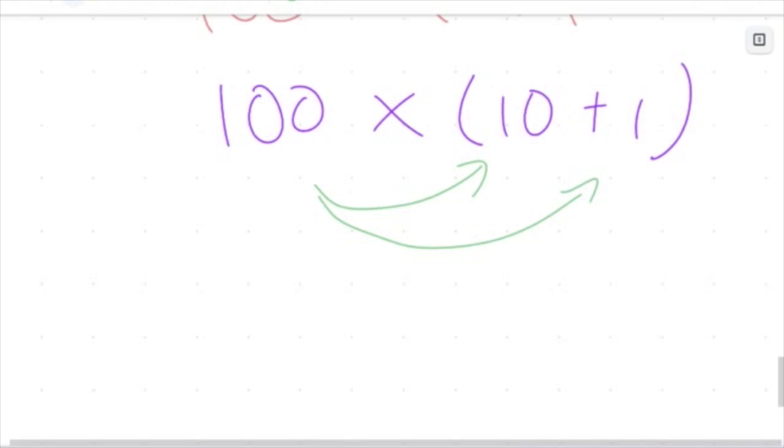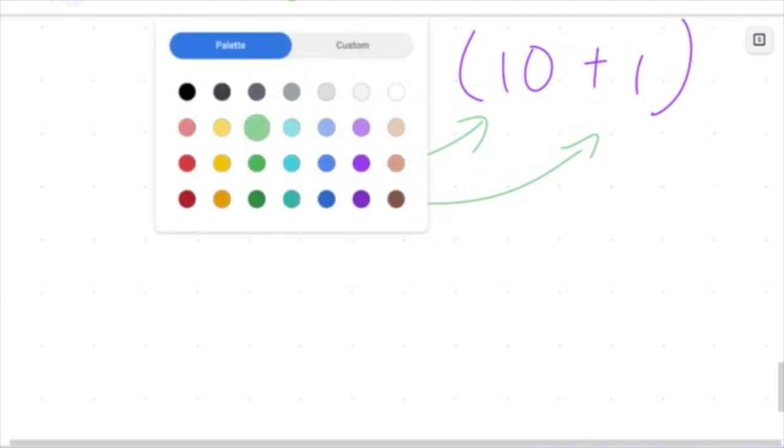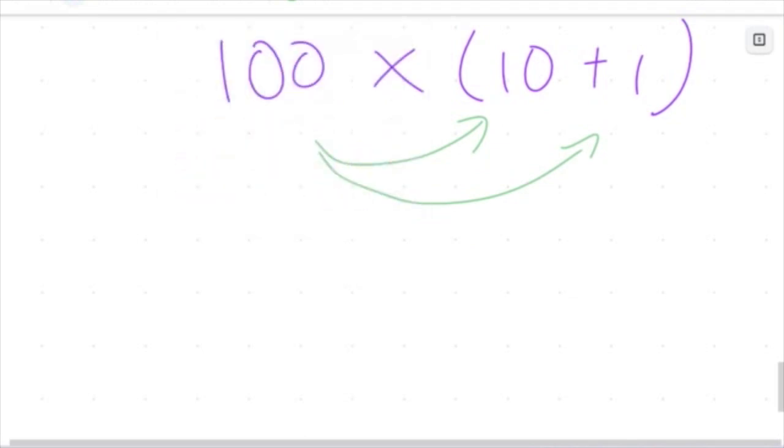So 10 lots of 100, that's like saying 100 plus 100 plus 100 plus 100 10 times. So 100 plus 100 gives me 200 plus another 100, 300. And you'll notice that when you add all of these up, we're going to get 100 times 10, 10 lots of 100 gives me 1,000.